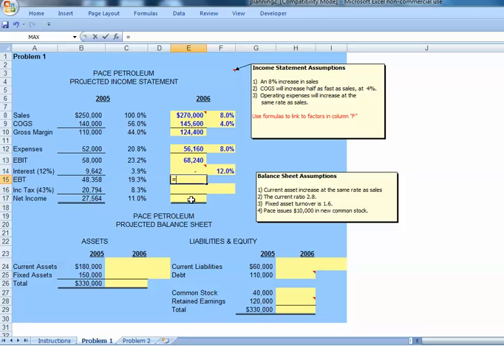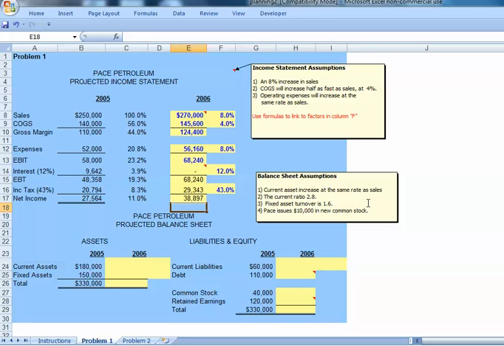EBIT minus our interest expense gives us our taxable income. Our tax rate is 43%. Our income taxes will be equal to our taxable income times 43%. Finally, our net income will be our taxable income, or earnings before taxes, minus our income tax expense.